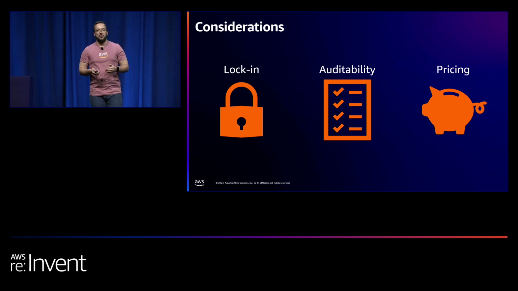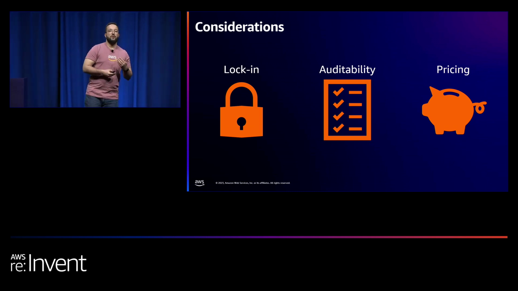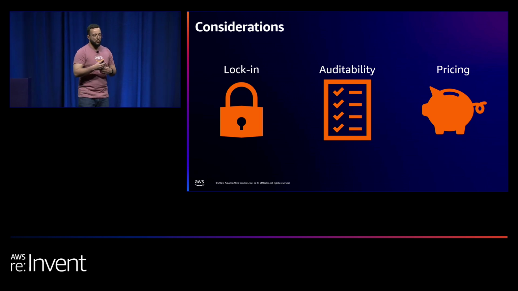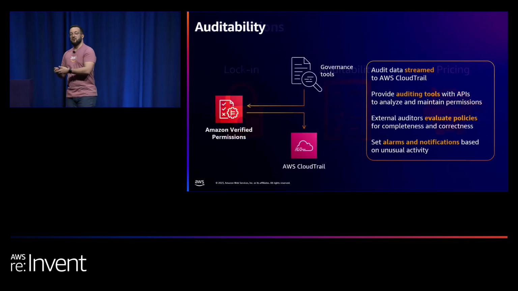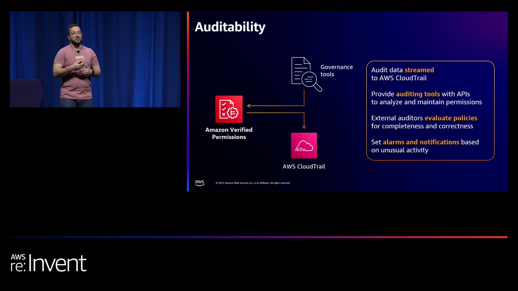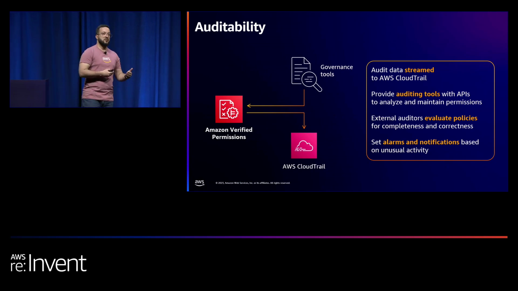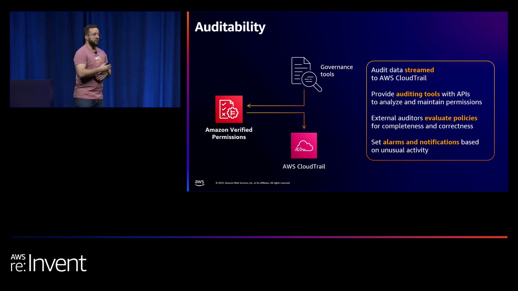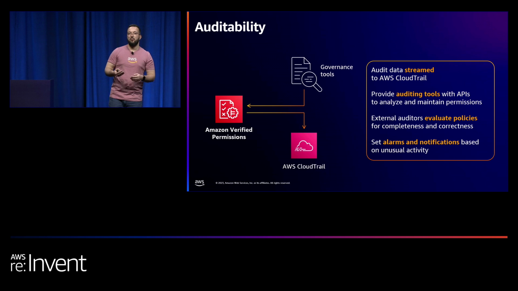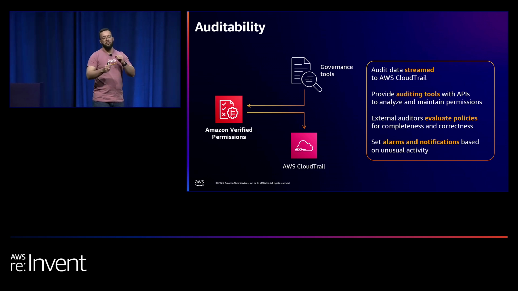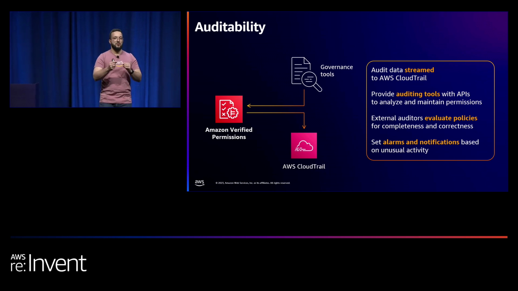Another consideration is auditability, and this is one of the things that is brought to the table thanks to Amazon Verified Permissions. Because Amazon Verified Permissions integrates seamlessly with AWS CloudTrail. So by default, even without defining any additional trails, just by enabling AWS CloudTrail in your account, you will see all the API calls that are modifying the policy store and asking about the policy store.